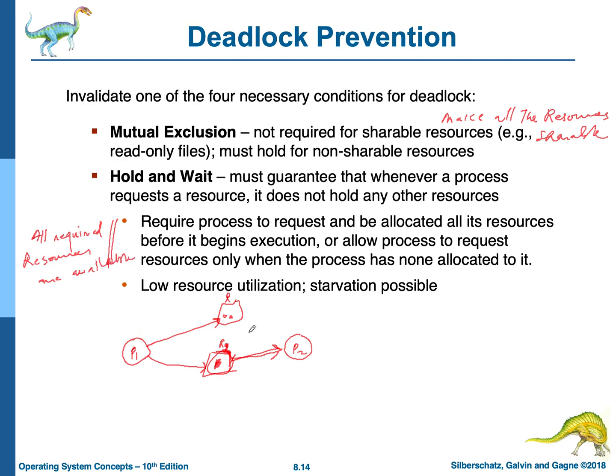And this is one condition, right? If there is low resource utilization, then starvation is also possible. And if there is a priority, then definitely there can be starvation. But this is one technique in hold and wait.